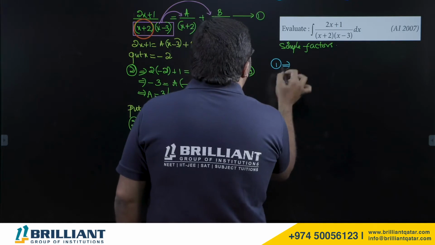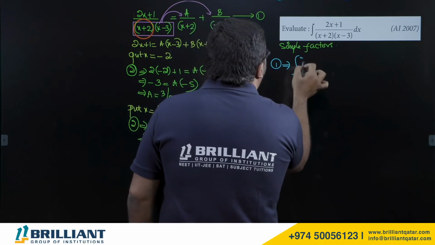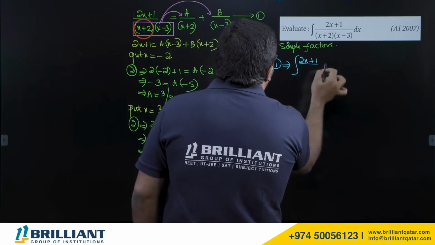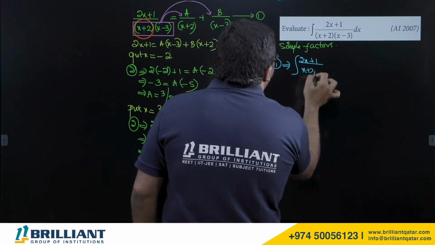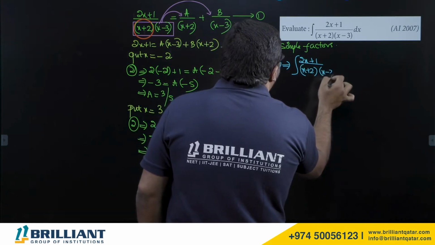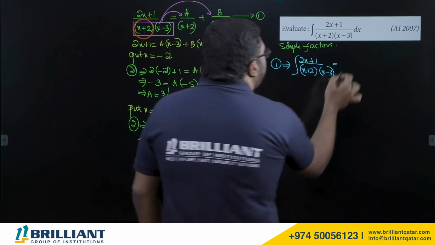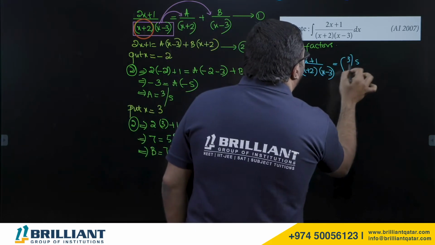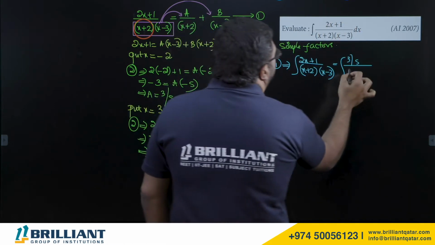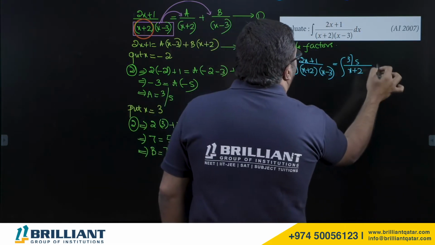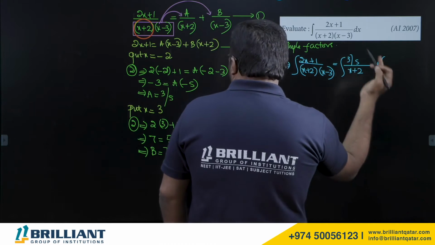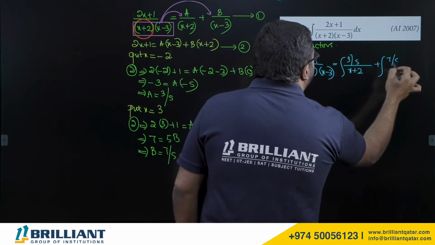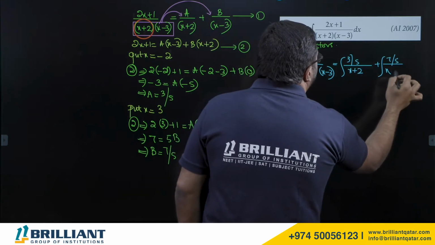Equation number 1 implies integral of 2x plus 1 divided by x plus 2 into x minus 3 is equal to integral of a, a is 3 by 5, 3 by 5 divided by x plus 2, and b is 7 by 5, 7 by 5 divided by x minus 3.